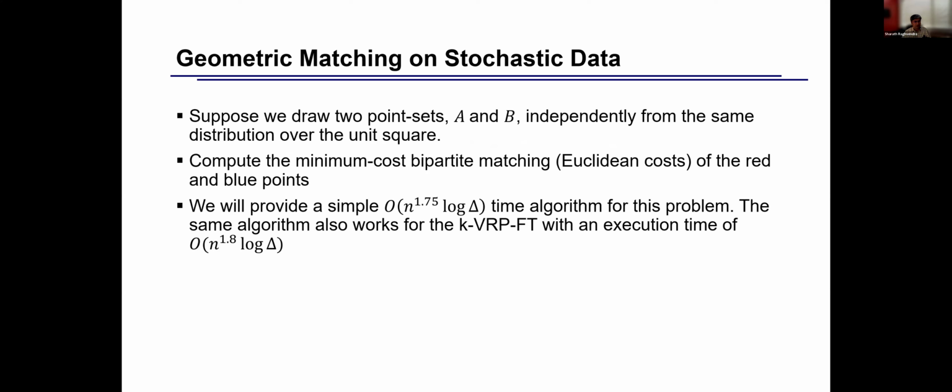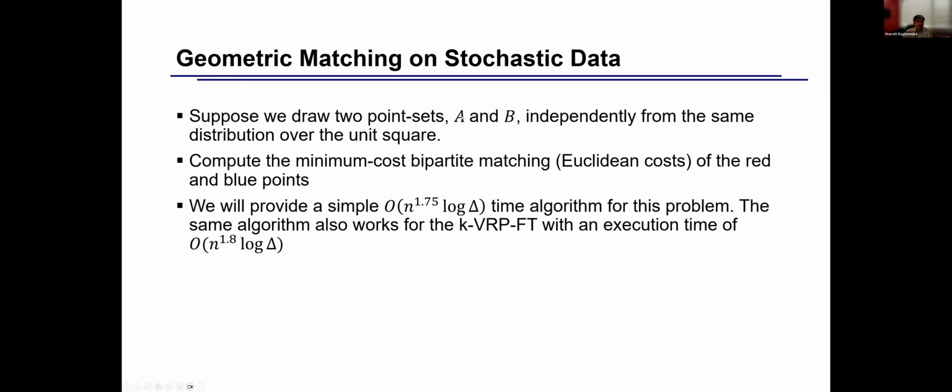What is this problem? Imagine I have a unit square and I draw two sets of points from the same distribution. The distribution is defined over the unit square, and I take two sets of points, A and B, that are samples drawn independently, with n samples each.